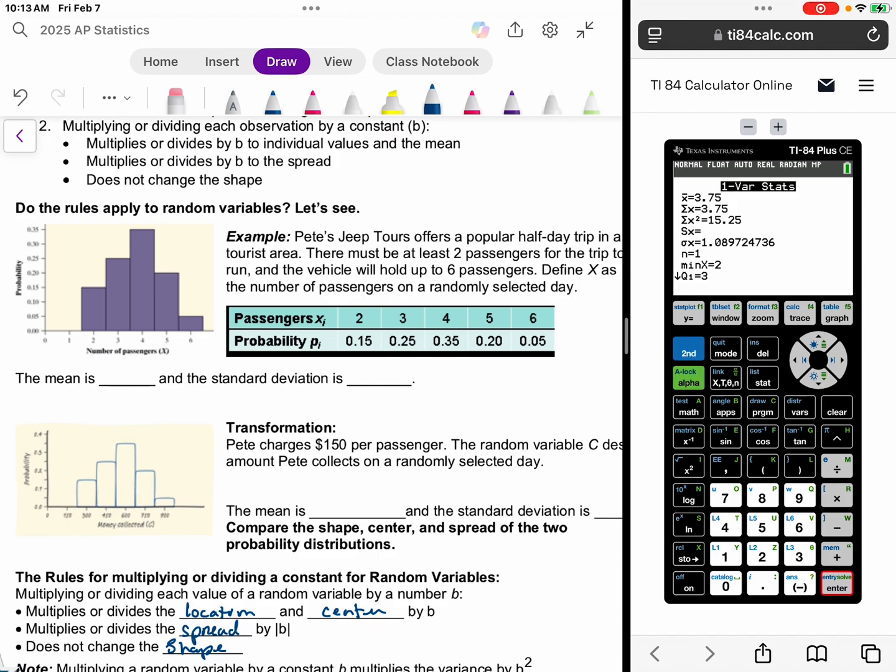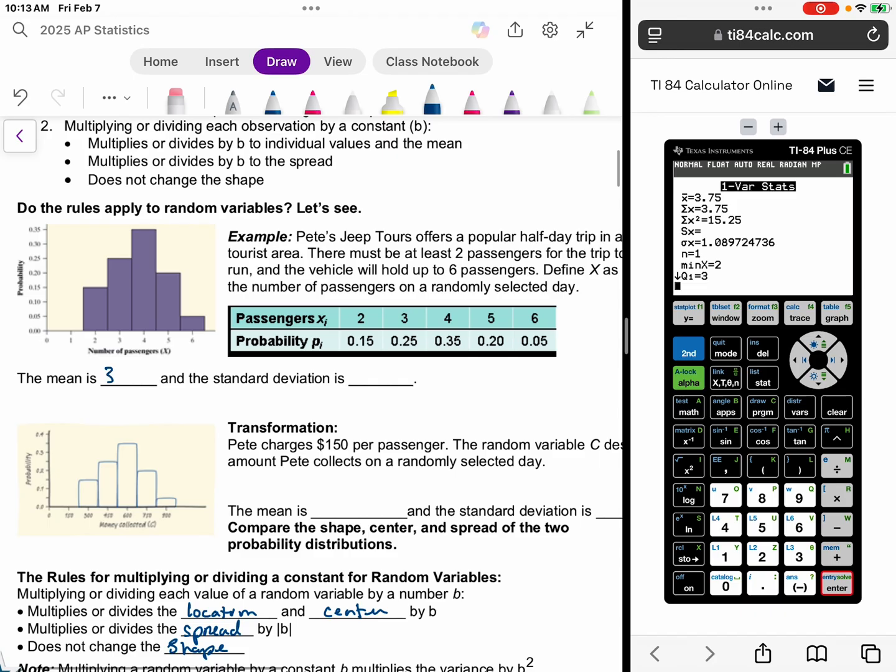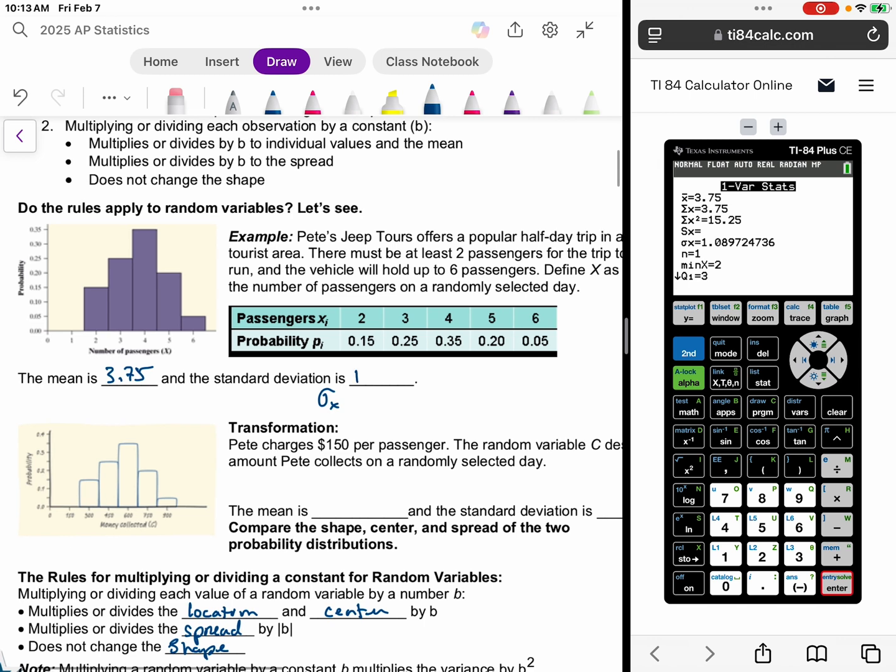It's x-bar, so our mean is 3.75. Our standard deviation is, again, lowercase sigma x, so that'd be 1.0897. We don't need all the digits, but as we get used to doing 4, we do 4. So there's my standard deviation, and there's my mean for just the original distribution.